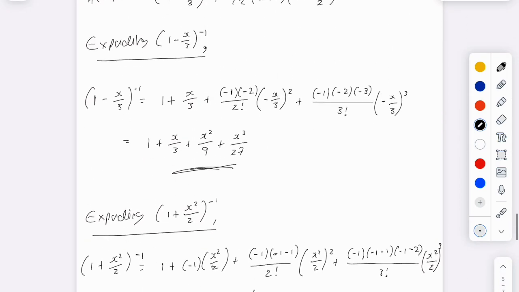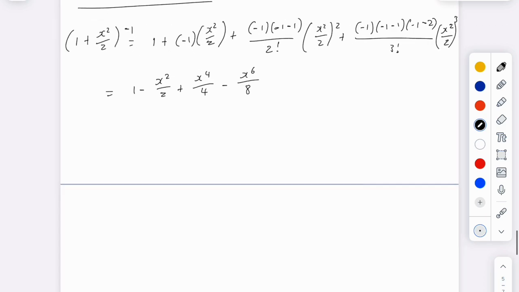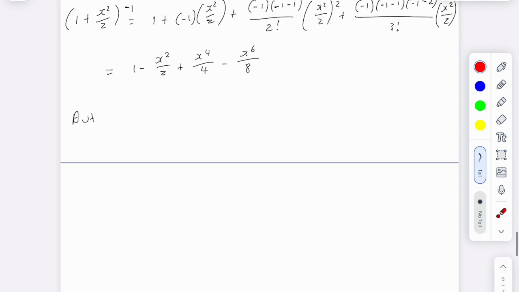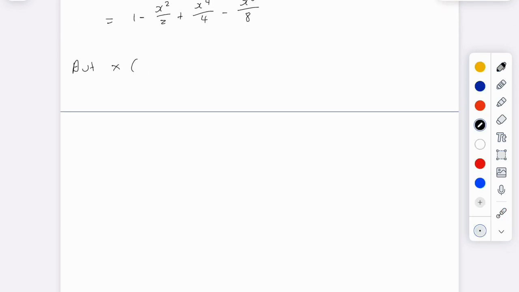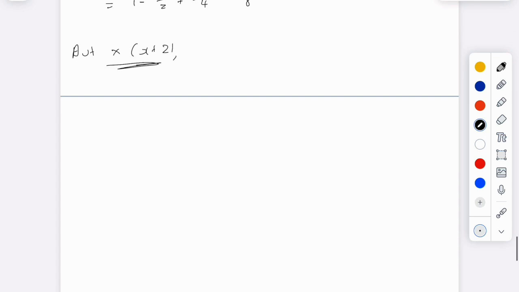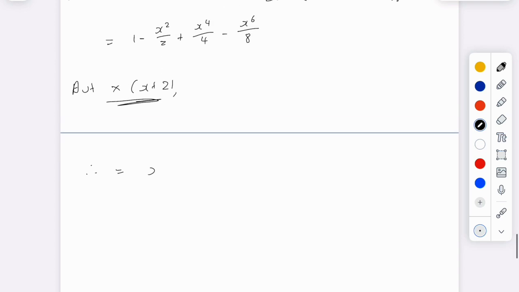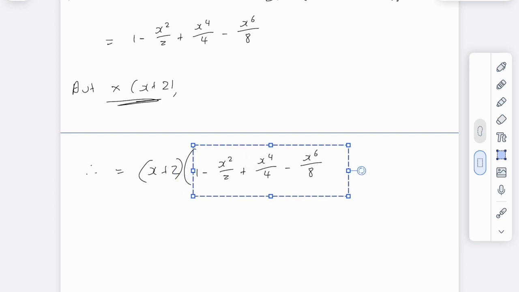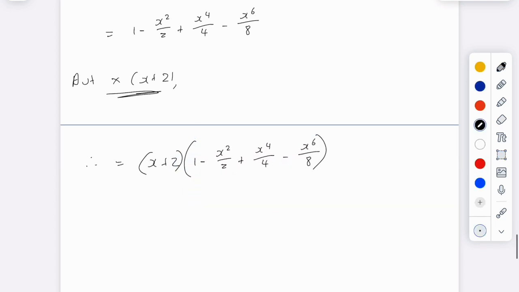Okay, and so we got that, but now we need to remember that this is multiplied by x plus 2. So I'm going to multiply by x plus 2 now. So what we get is x plus 2 times this.